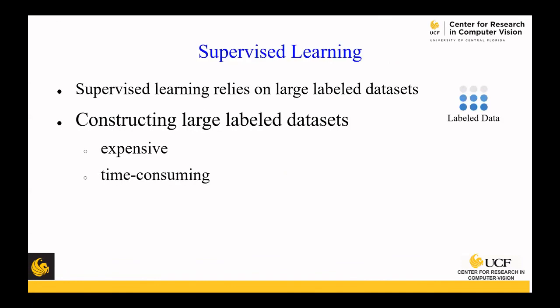What I've been talking about so far is called supervised learning, as you have learned also in 5415. So we have labeled data, and we need to construct large labeled data. It's expensive, time consuming. There are actually companies which are doing this, and they're making millions of dollars. They employ lots of cheap human labor, and they annotate.